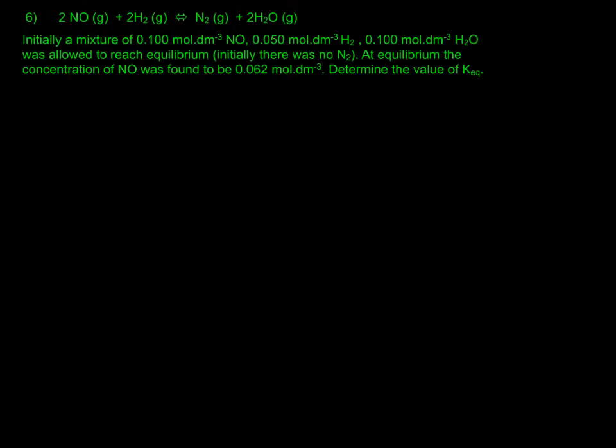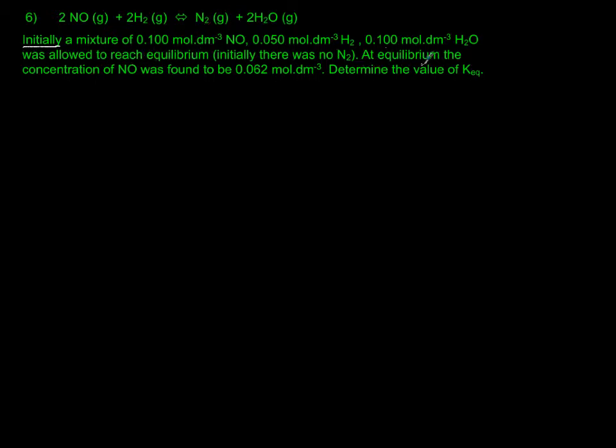The next question, now we are about to walk into an ICE calculation. Once you see the word initially, you have to really go after a table. Initially, a mixture of 0.1 mole per decimeter cube nitrogen monoxide, 0.05 mole per decimeter cube hydrogen, and 0.1 mole per decimeter cube H2O is reaching equilibrium.